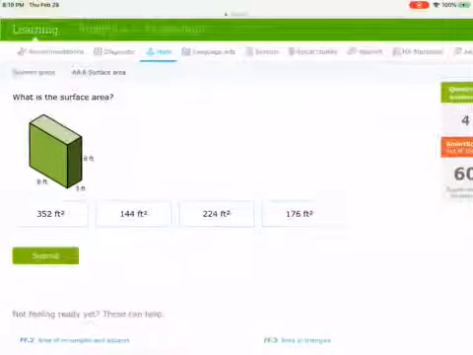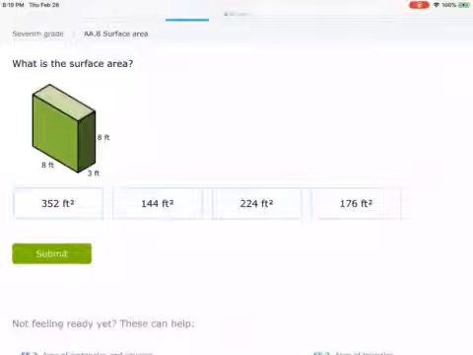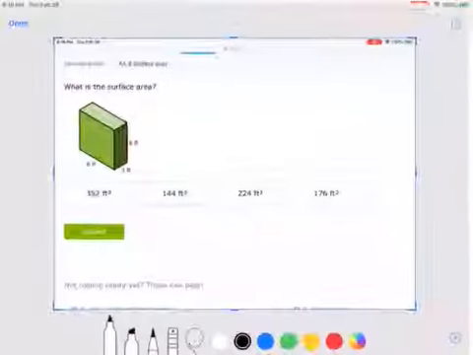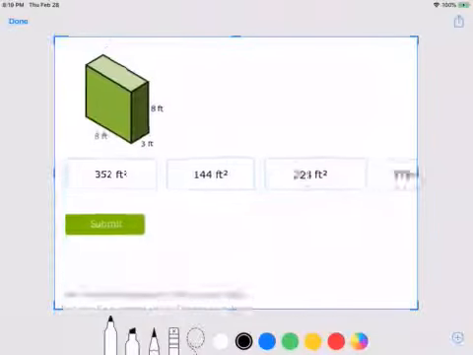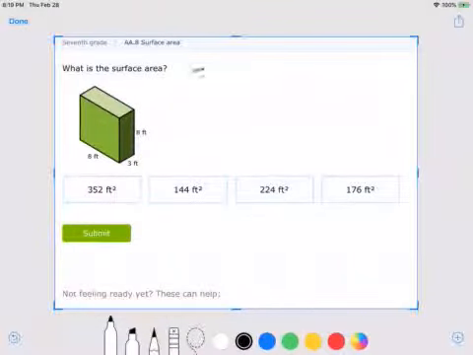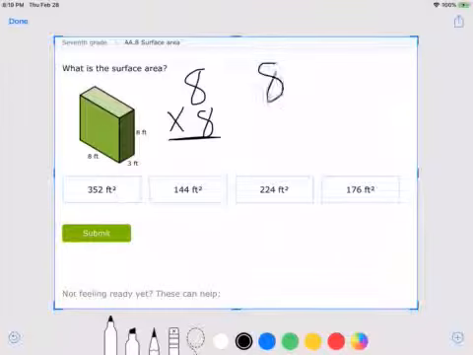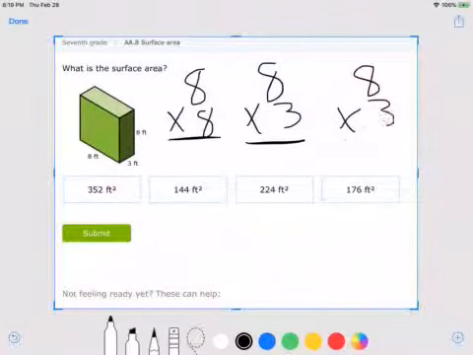So if we try one more, there's 3 sides here. Notice the 8, 8, and the 3. So it's going to be 8 times 8, 8 times 3, and then 8 times 3 again.